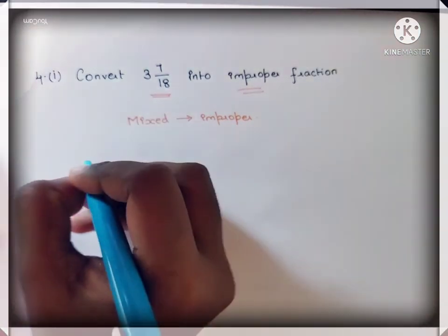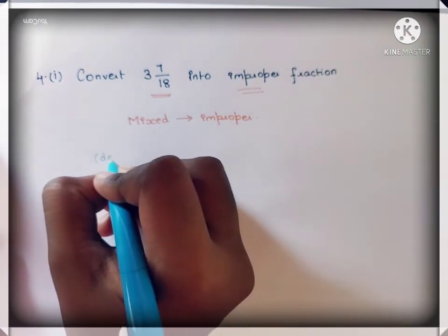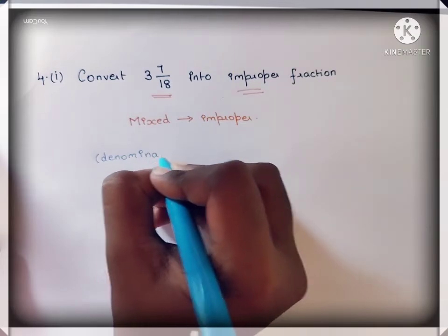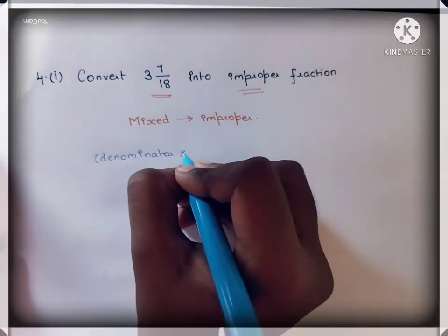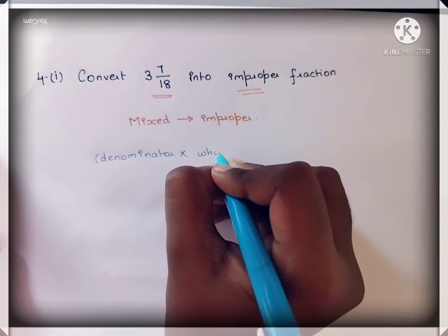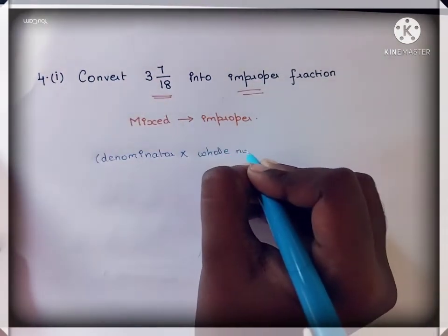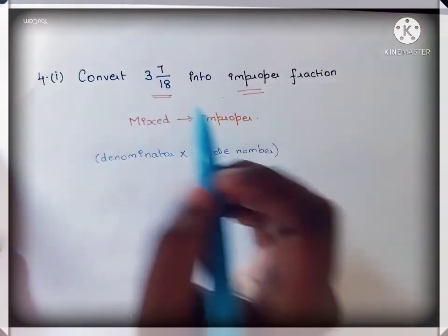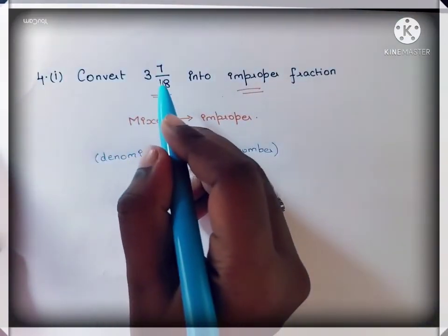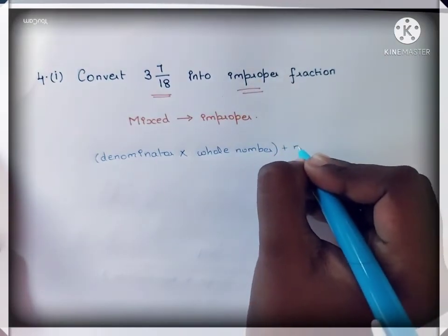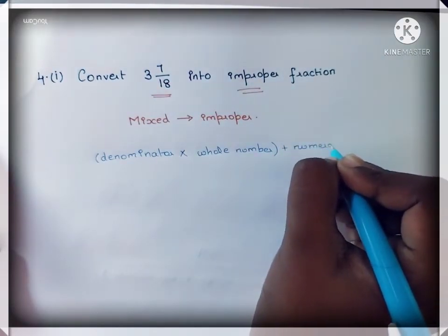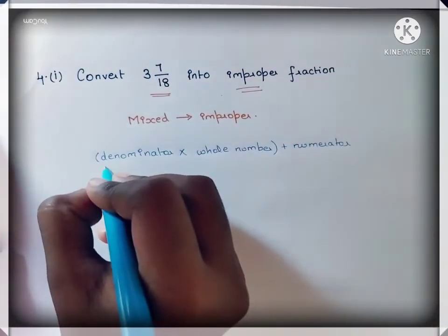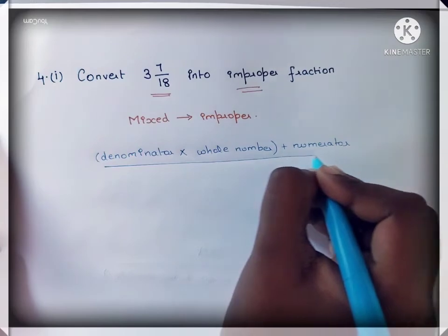We just need to take the denominator of the mixed fraction and the whole number present in the mixed fraction, multiply them, add the result to the numerator, and the entire result should be divided by the denominator. In simpler terms, denominator into whole number plus numerator, by the denominator again.